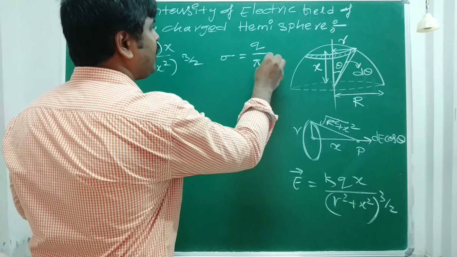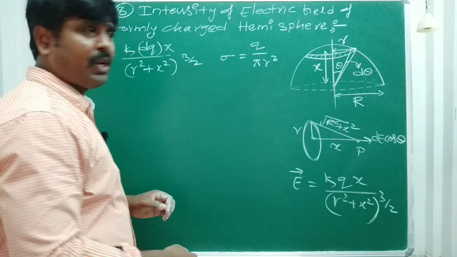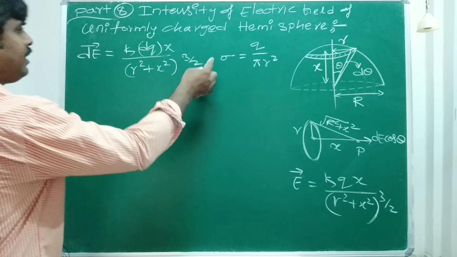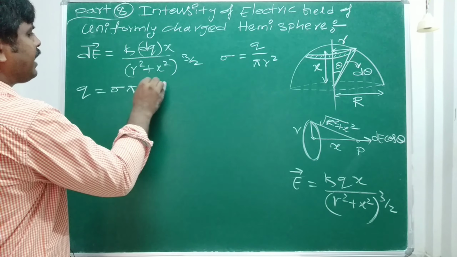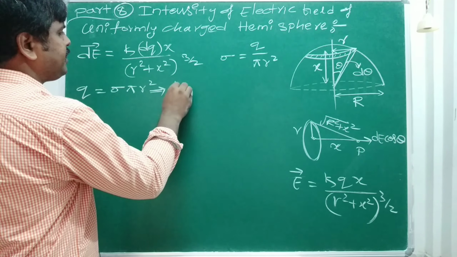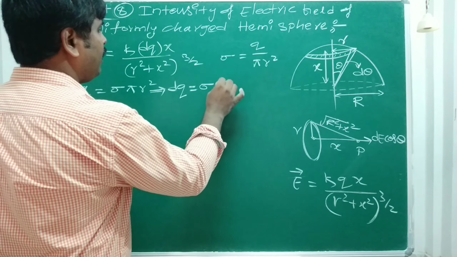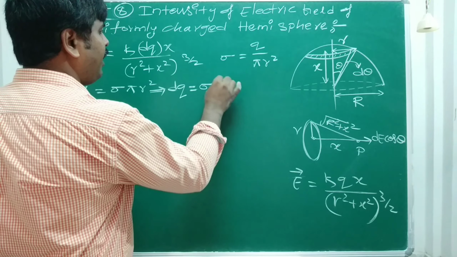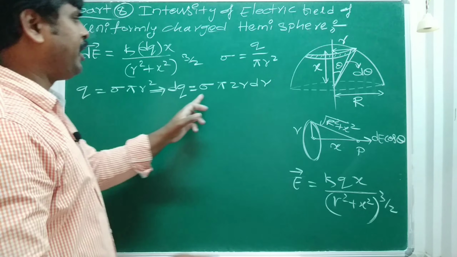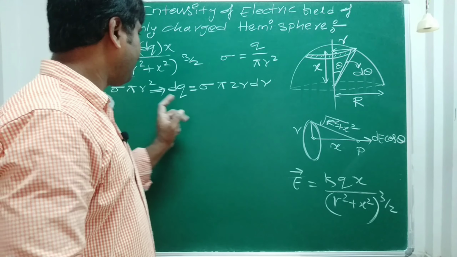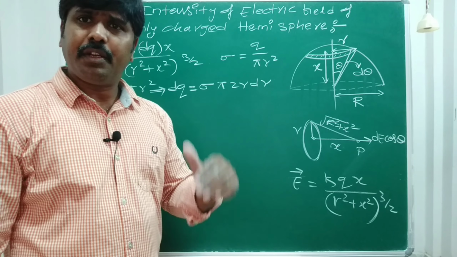Area is equal to pi r square. See, this is the pi r square area. So for this we can write q equal to sigma into pi r square, and differentiating, dq is equal to sigma into pi into 2r into dr. So r square becomes 2r into dr. Try to understand.